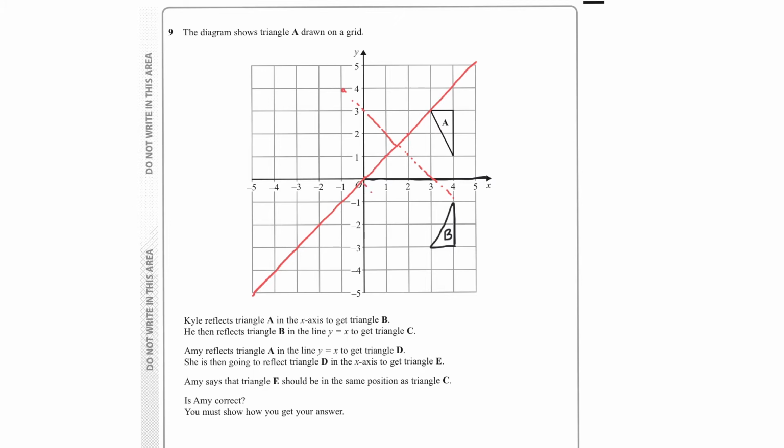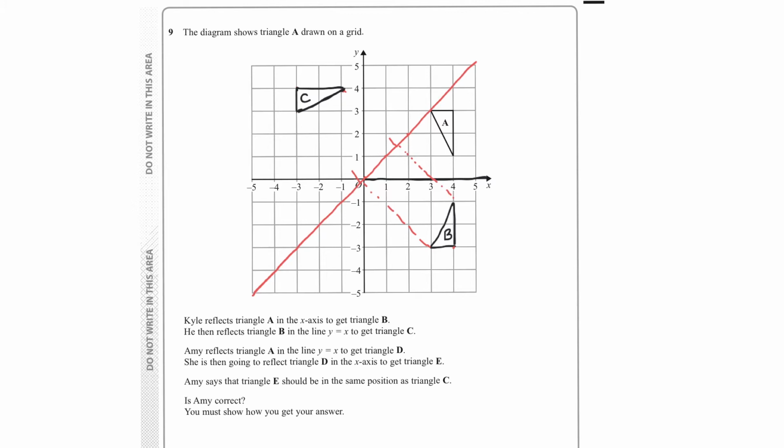This is 3 squares, so 3 squares diagonally would be there, and then that point is like that. So then the points for triangle C would be there. And usually when you're reflecting, if you find at least 2 of the other points, it makes it 10 times easier to find the rest of the points by looking at the original shape.